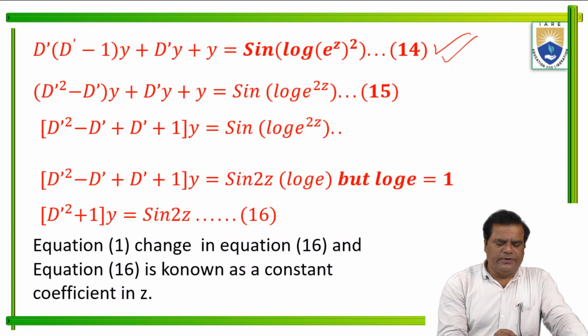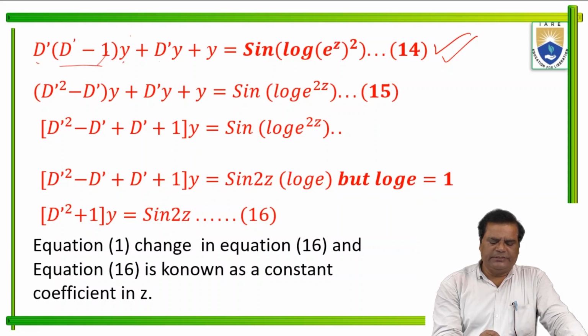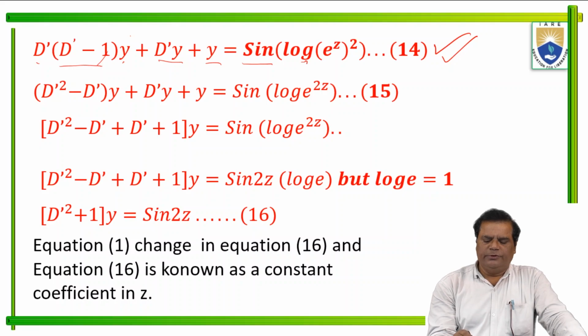So here the first term is x square d square y over dx square, which gives D dash minus 1 y plus D dash y plus y equal to sine log x square.